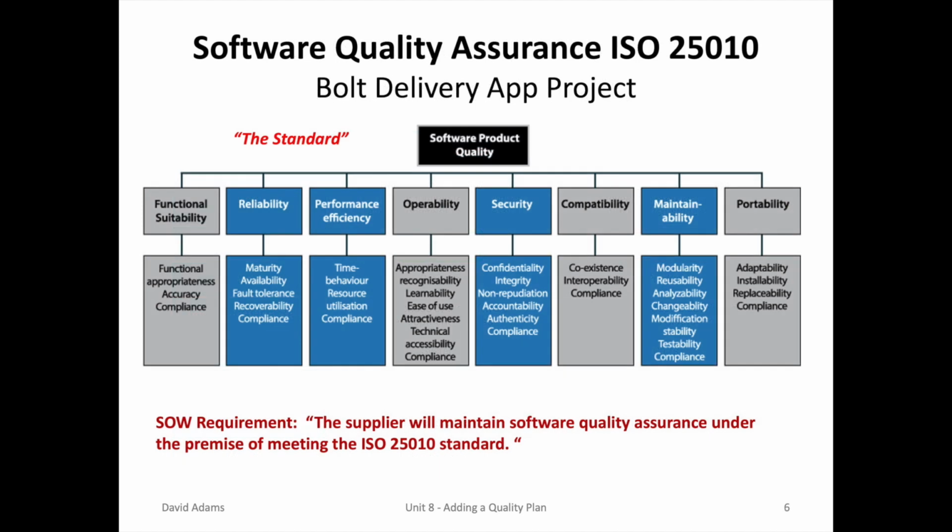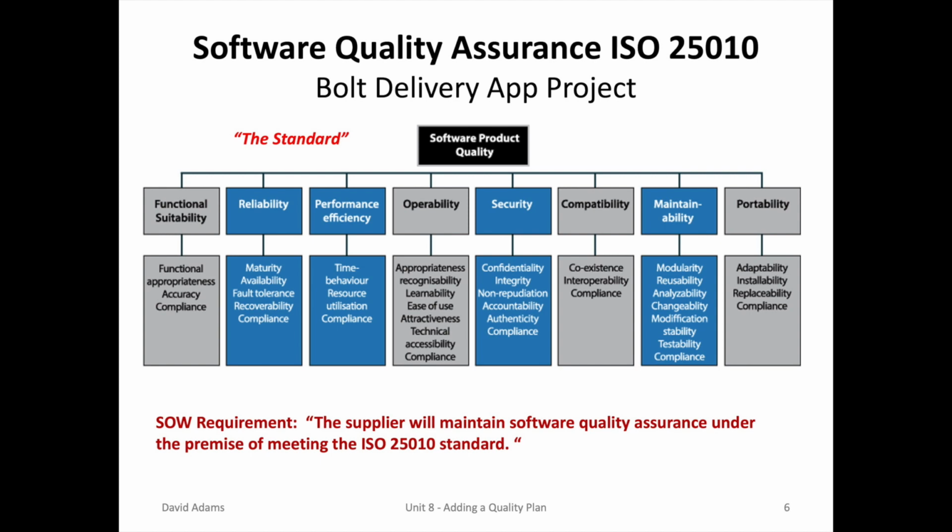So back to our class case study, the bulk delivery app project. The project team may specify in their statement of work for their procurement of the third-party software portion a software quality assurance ISO 25010.